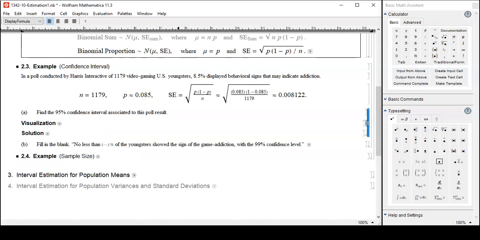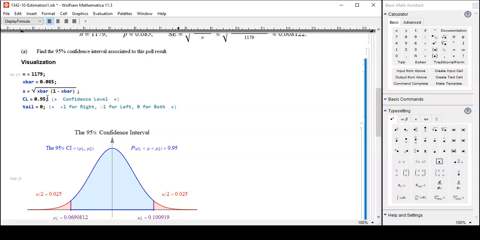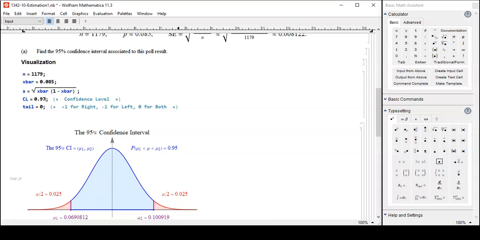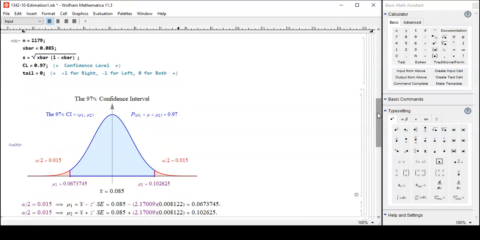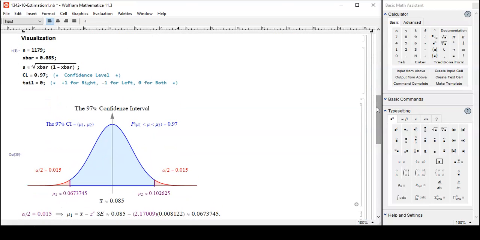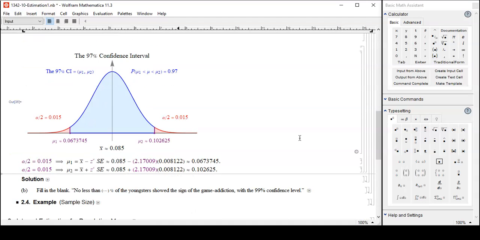Oh, by the way, if I change the confidence level to something else, like for example, 97% confidence level, things will change a little, of course. So the other 3% will be shared by the left-hand side and right-hand side. So 1.5% there, 1.5% there, and you'll have to look up the z-score associated to that 1.5% shading. Well, I'll leave this z-table to you, but if you do it right, you're going to get 2.17.